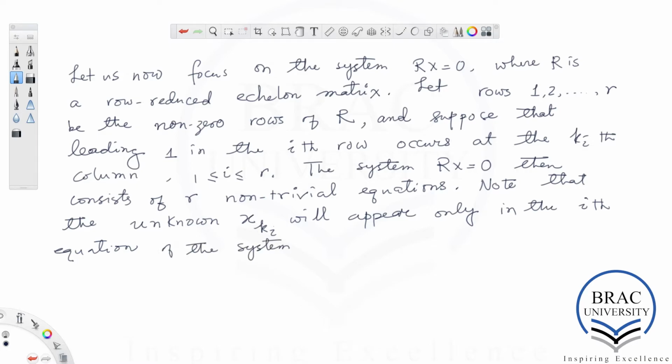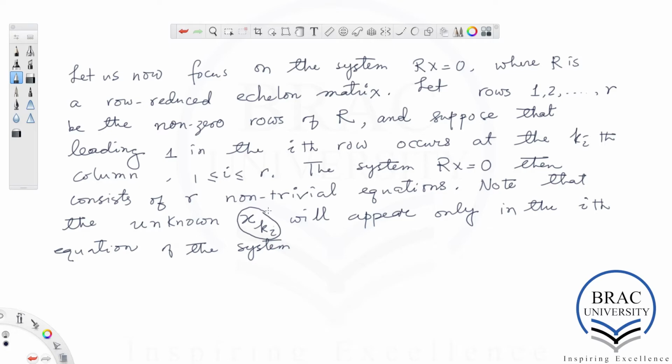Okay, it's because x sub k_i corresponds to the leading one in the k_i-th column of the ith row. So this unknown corresponds to the ith row and the k_i-th column, where one of the leading ones is situated.